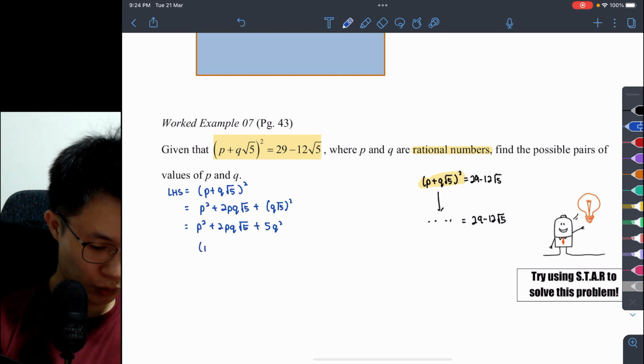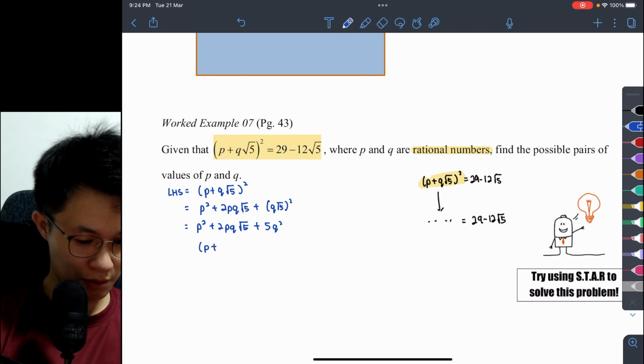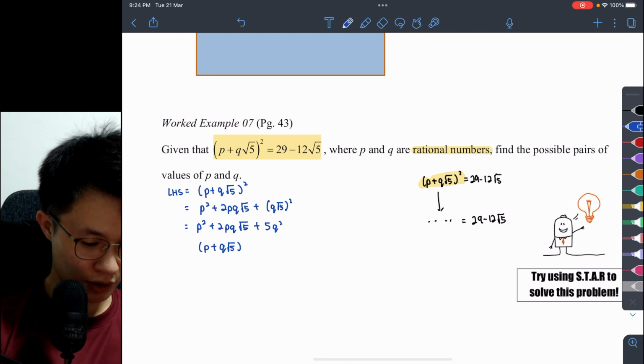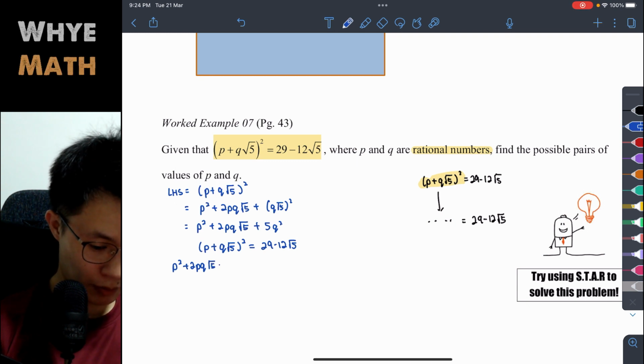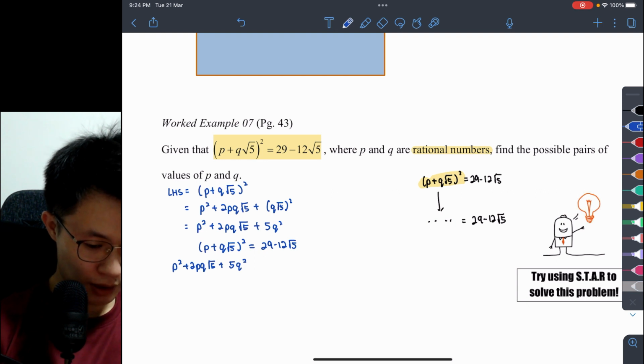So the equation here is p plus q square root 5 bracket squared equals 29 minus 12 square root 5. With this simplified form, p square plus 2pq square root 5 plus 5q square is equal to 29 minus 12 square root 5.